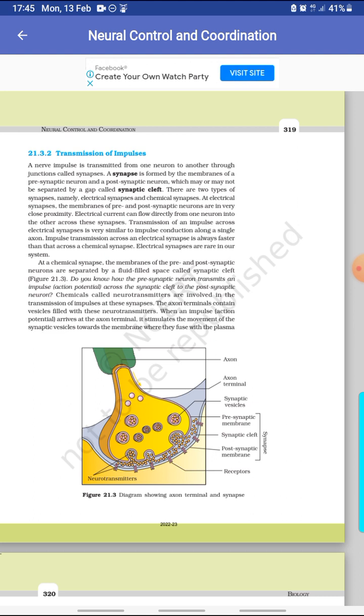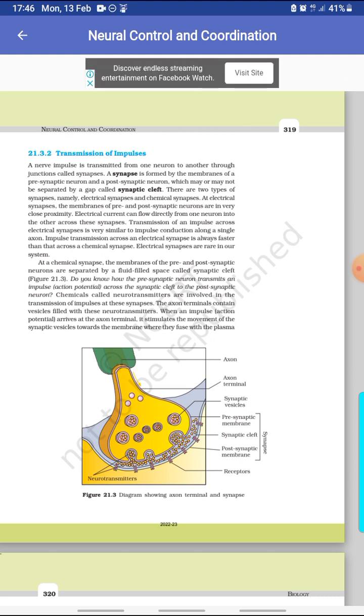At a chemical synapse, the membranes of the pre- and postsynaptic neurons are separated by a fluid-filled space called the synaptic cleft. Do you know how the presynaptic neuron transmits an impulse or action potential across the synaptic cleft to the postsynaptic neuron? Chemicals called neurotransmitters are involved in transmission of impulses at these synapses.